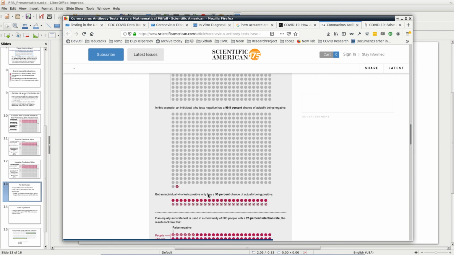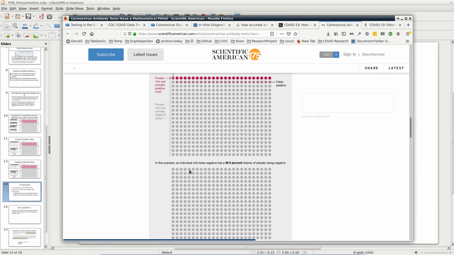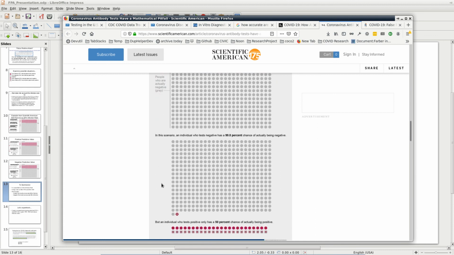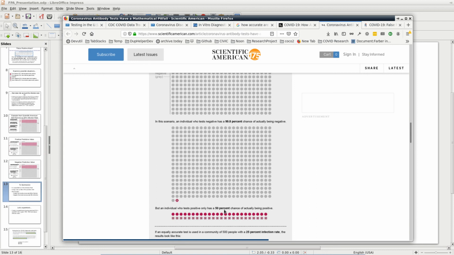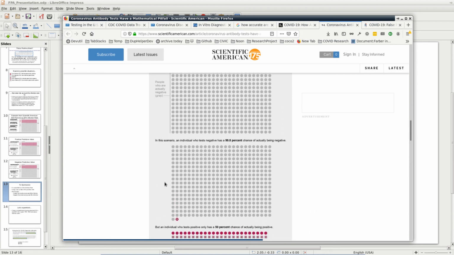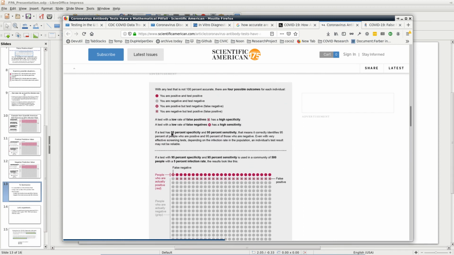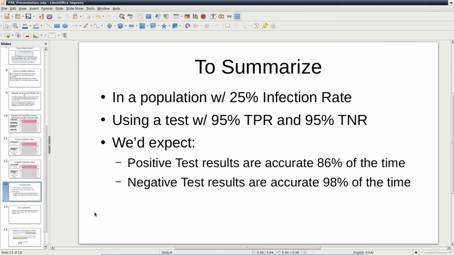But then we scroll down, and an individual who tests positive only has a 50% chance of actually being positive. So the positive predictive value for this test, when the infection rate is 5%, is a meager 50%. That means a positive result is a coin flip. Which is pretty amazing, because again, we are using a test that is 95% accurate on both positive and negative. So that's how important this concept is.